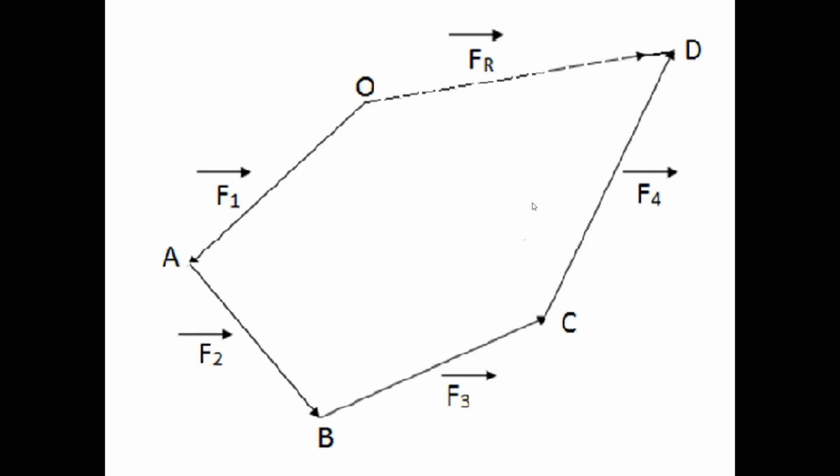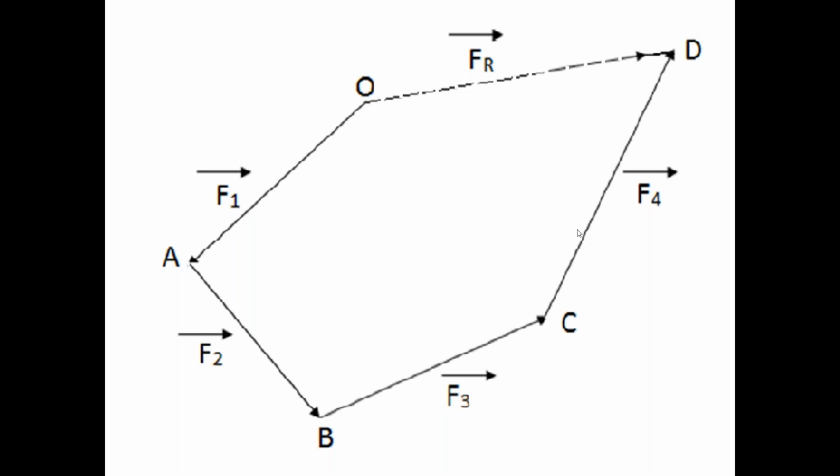But this polygon OABCD is an open polygon, because in this polygon O is the starting point and D is the ending point. The starting point O and ending point D are away from each other, so we call this an open polygon. This has four sides OA, AB, BC, CD.